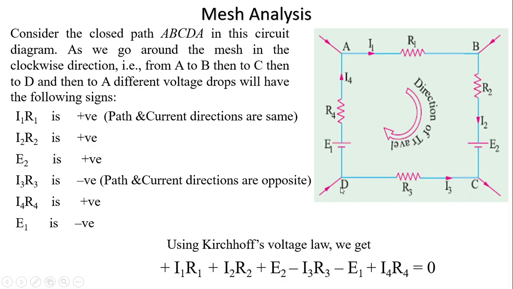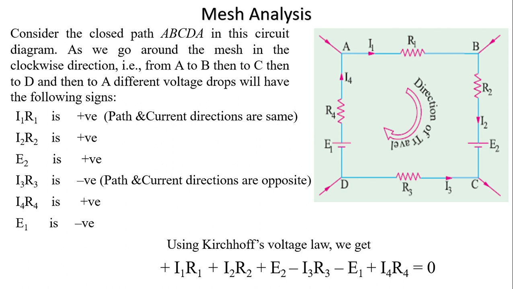And D to A, your path direction and the current direction are both the same, so it is positive. So combining all these things, if you equate the sum to 0, then that equation is called the KVL, Kirchhoff's voltage law equation.